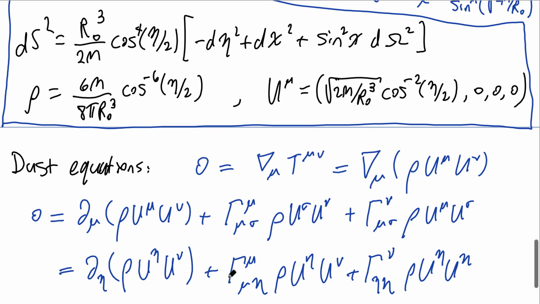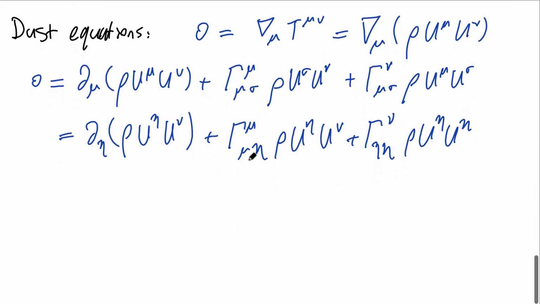Now if we examine these Christoffel symbols, we have a sum over mu. So this includes things like gamma eta eta, and it turns out also gamma chi chi eta. It turns out that all of these are equal to one another.